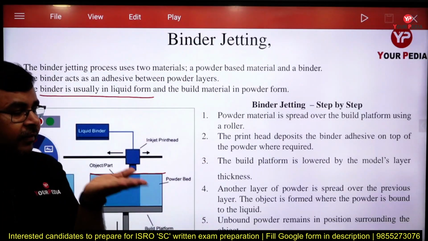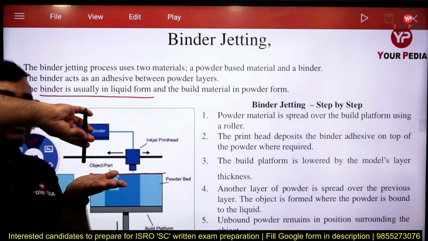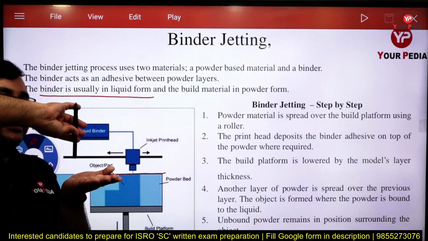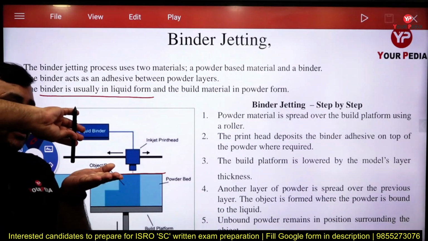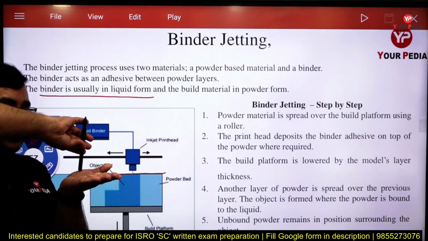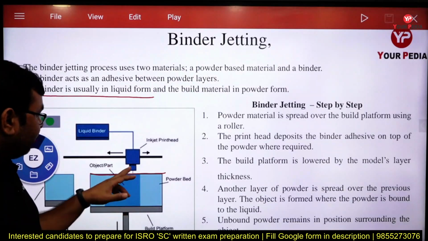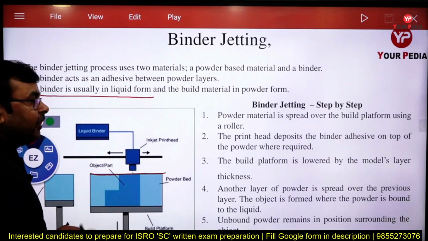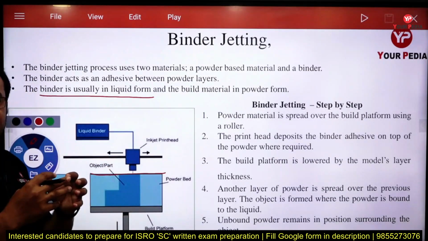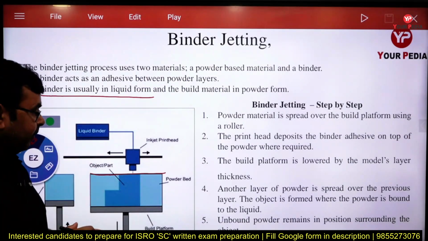And after spreading, let us say suppose this is a jet of the binder, then according to the shape of the object you just move this head of the binder which provides the liquid binder, yes or no. Once you provide the liquid binder, these particles of the powder stick to each other, yes or no, and you can get a solid surface, correct.